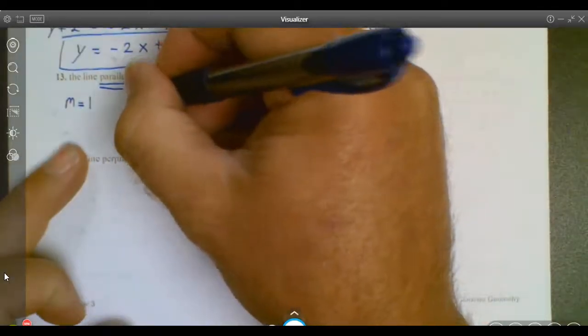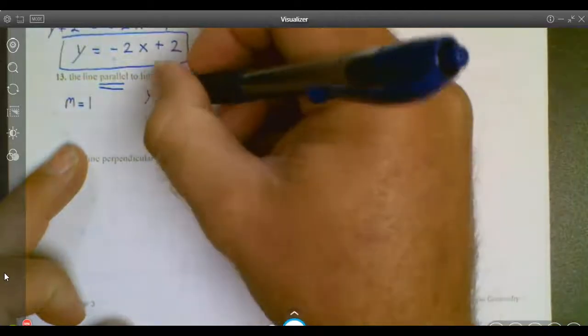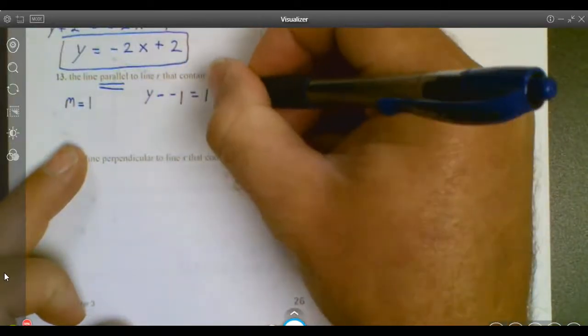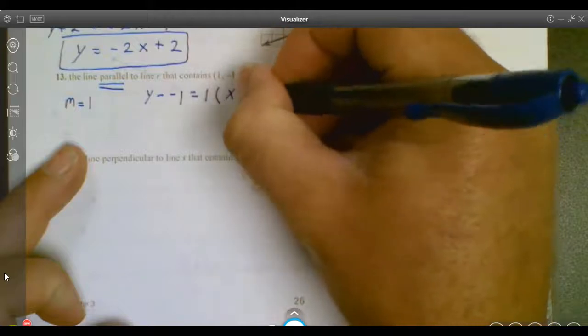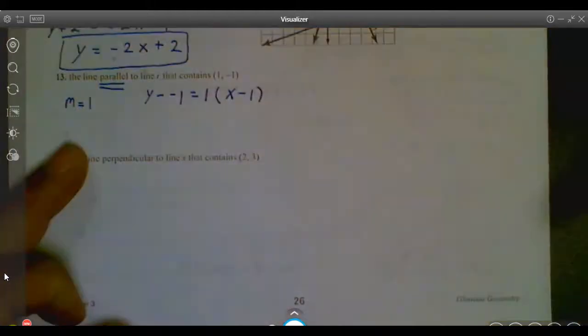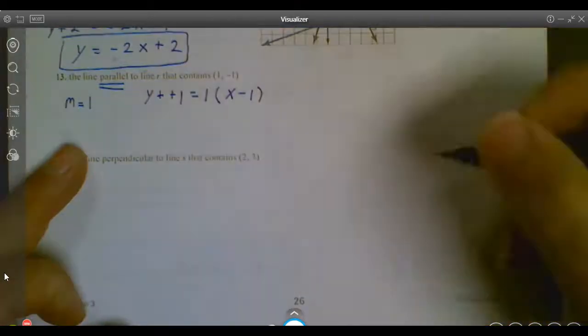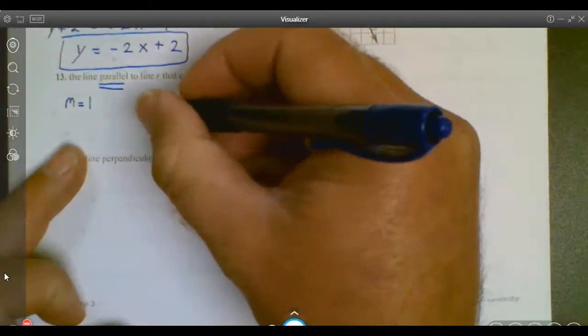So I'm going to say again, y minus my y coordinate, which was -1, equals my slope, times x minus the x coordinate. So there's my setup in point slope form. Let's get y by itself. Clean up right there. Distribute on the right.